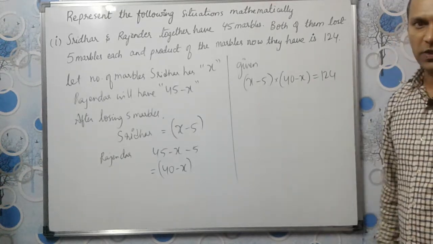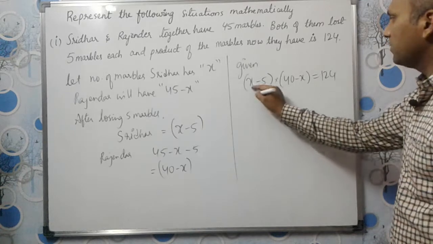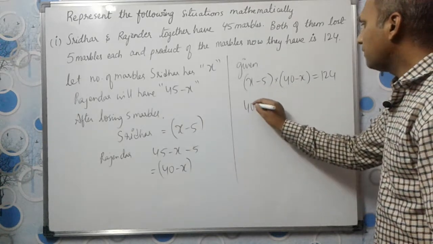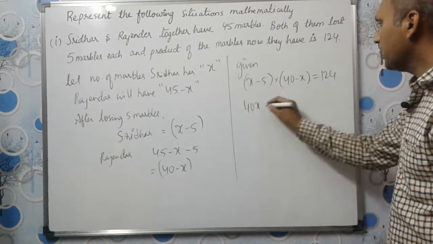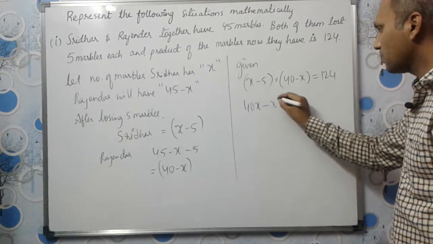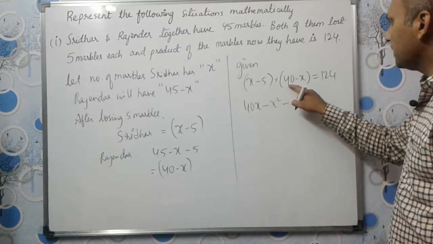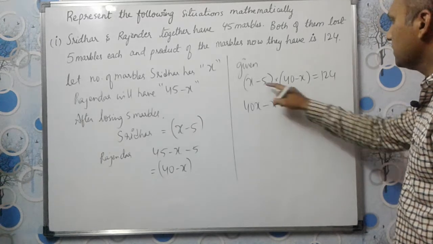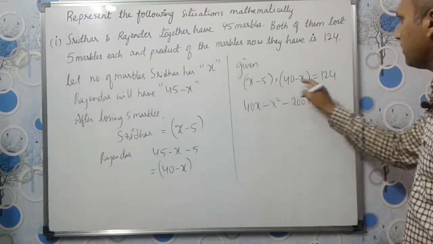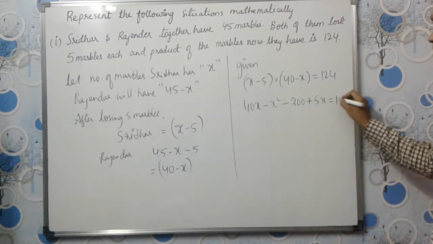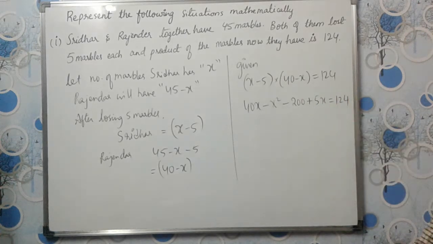Let us multiply: x into 40 is 40x, plus into minus is minus, x into x is x square, minus into plus is minus, 5 into 40 is 200, minus into minus is plus, 5 into x is 5x, equal to 124.